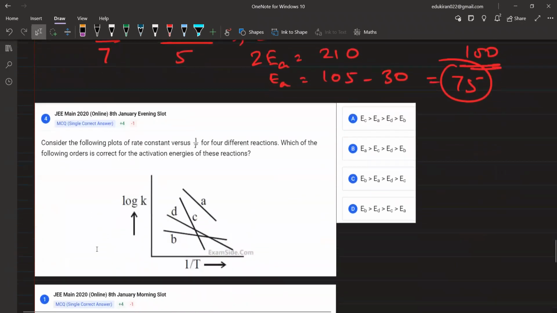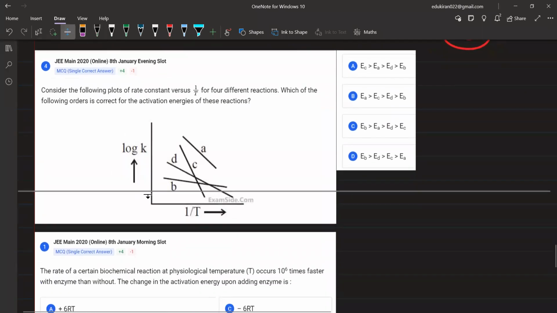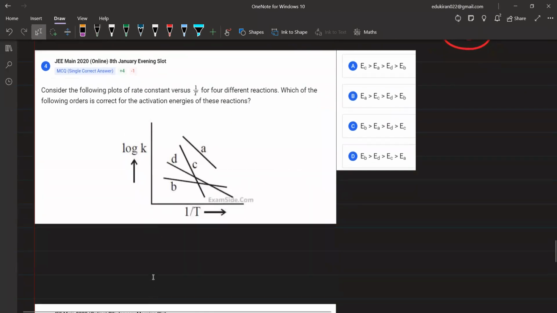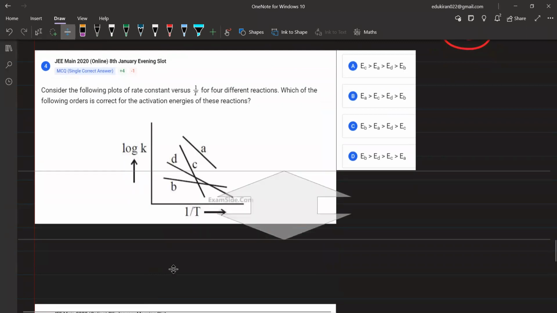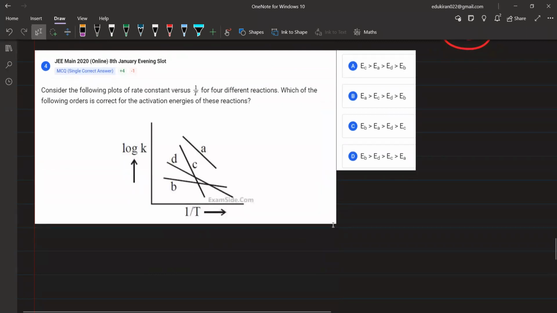See this next question. Consider the following plots for rate constant versus 1 upon T for 4 different reactions. Which of the following orders is correct for the activation energies of these reactions?